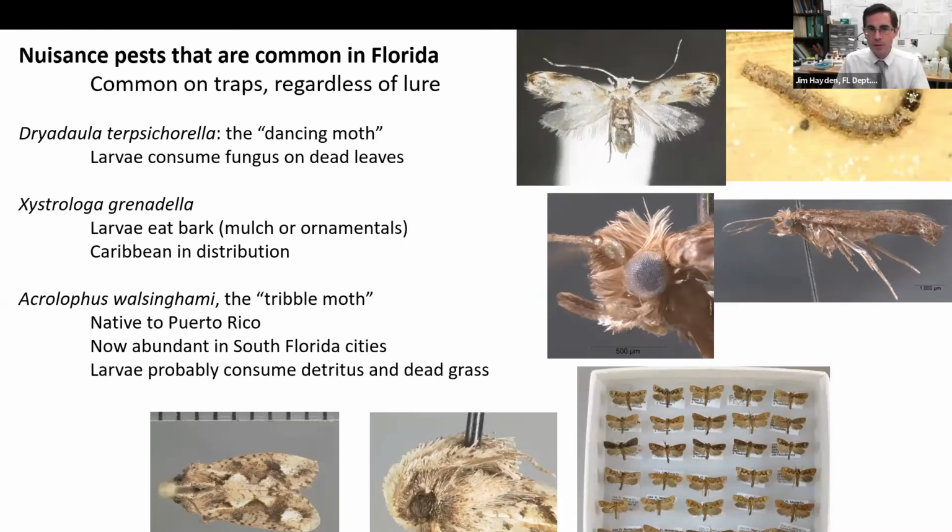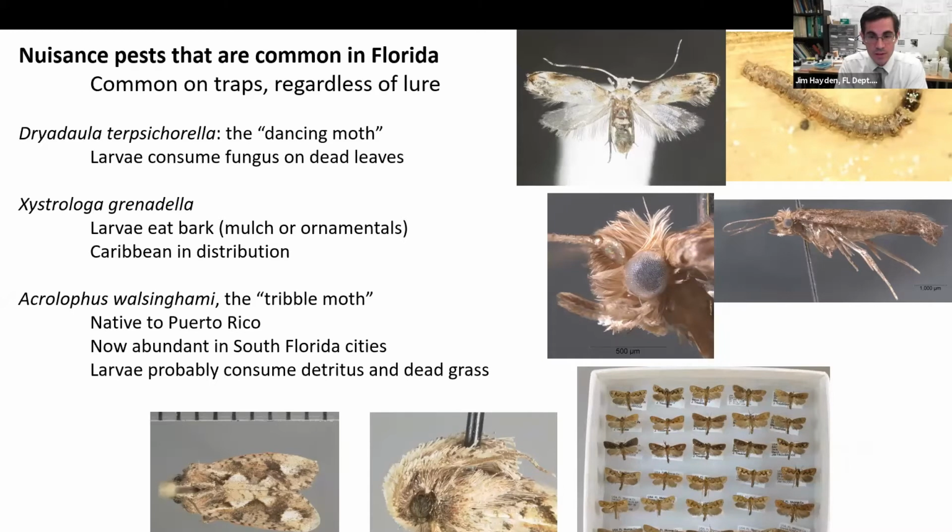For example, the so-called dancing moth feeds on fungi. Zistrologa grenadella is described from, I think, the Virgin Islands, or another Caribbean island. These things are very abundant in South Florida, where they eat bark mulch.